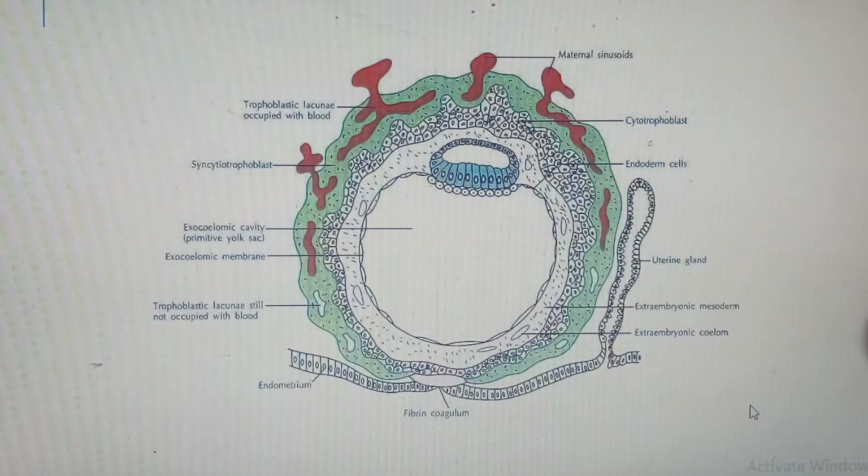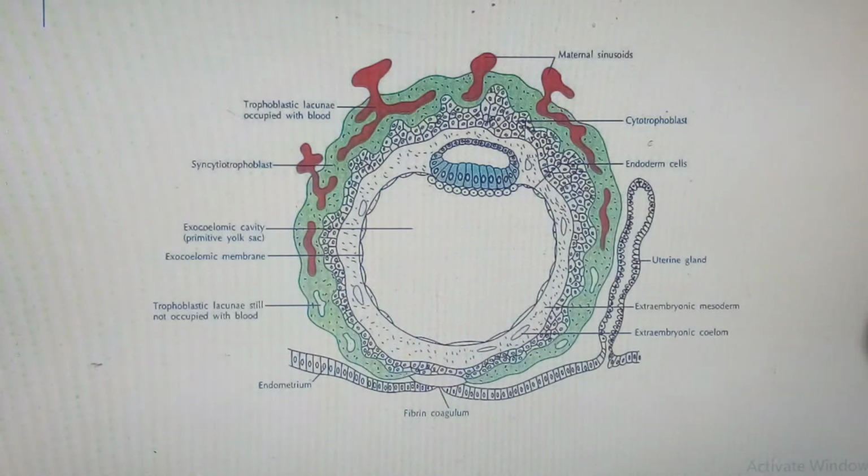Now, prior to this stage, what we saw was that the conceptus was the blastocyst, and the blastocyst had what we call an inner cell mass and an outer cell mass. Now the outer cell mass will eventually become the trophoblast.